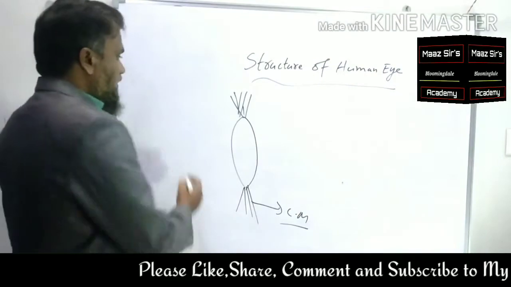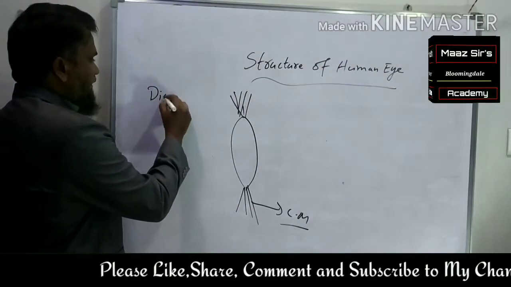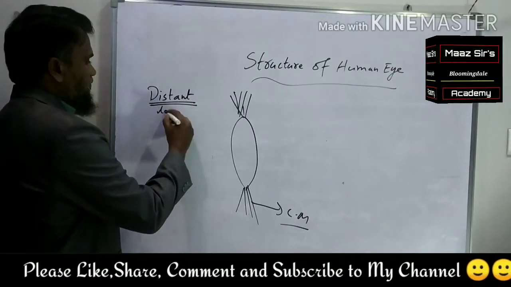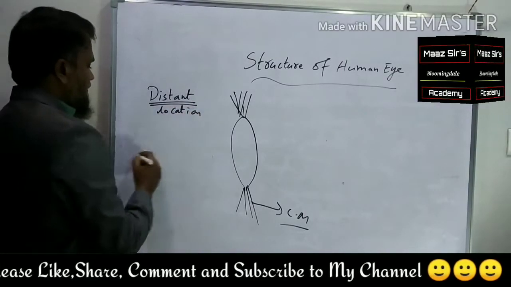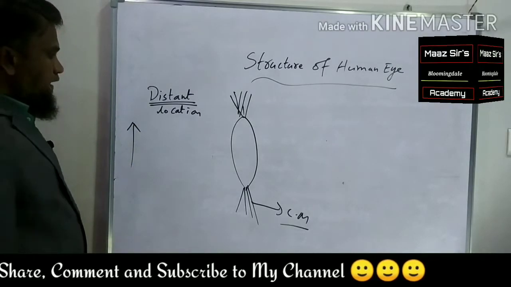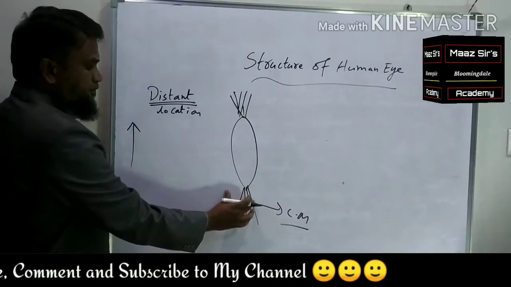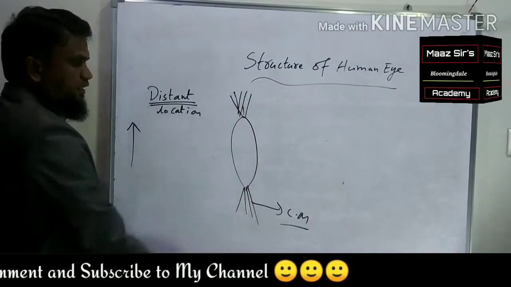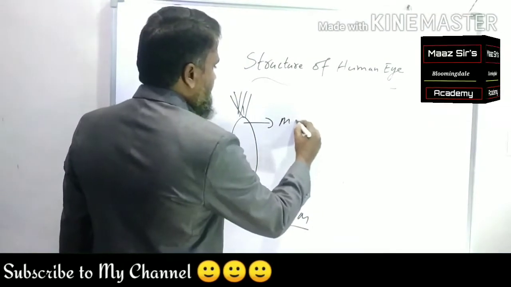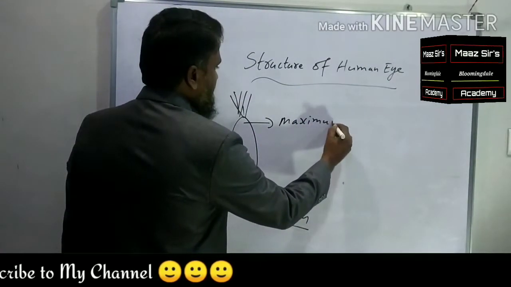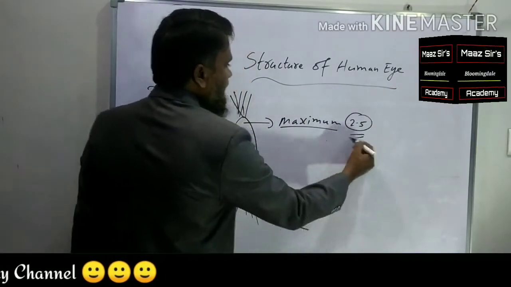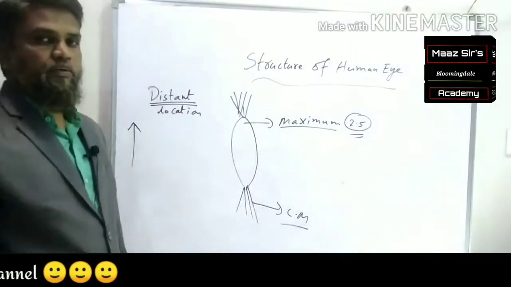For example, when the object is at a distant location, somewhere here, what happens? This focal length is adjusted in such a way that it takes the maximum value. Let us take, it has a focal length of 2.5 centimeter. It is the maximum value.